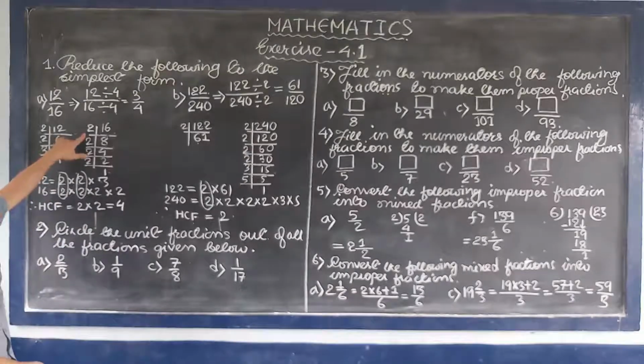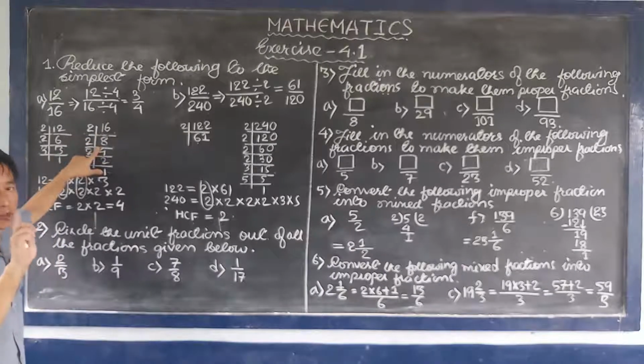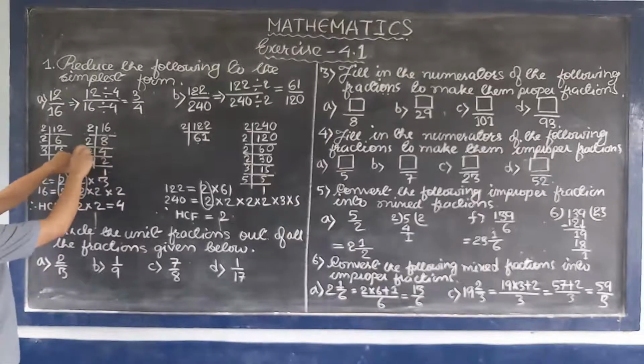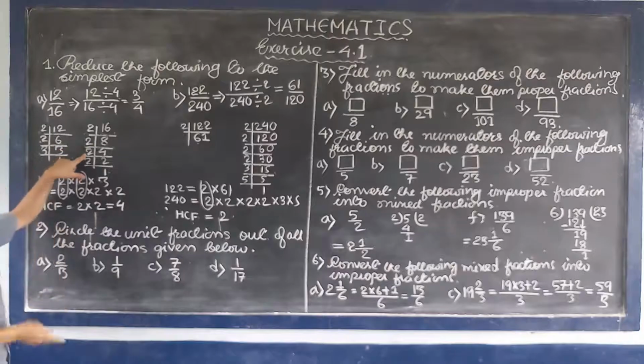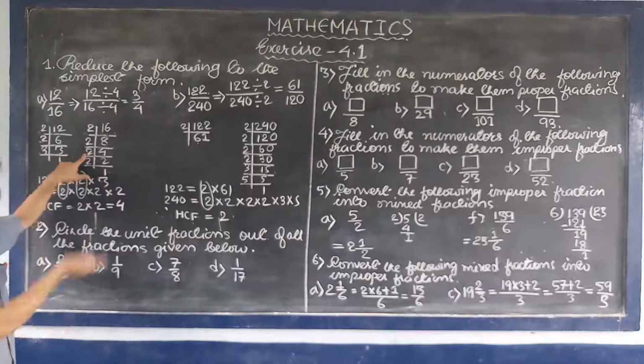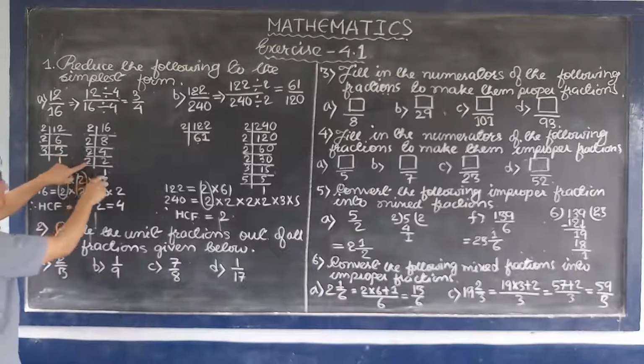So here 2 8s are 16. Now next we cannot use 4. 4 2s are 8, no. Again 8 is divided by 2. 2 4s are 8. Again 4 is divided by 2. 2 2s are 4. 2 1s are 2.